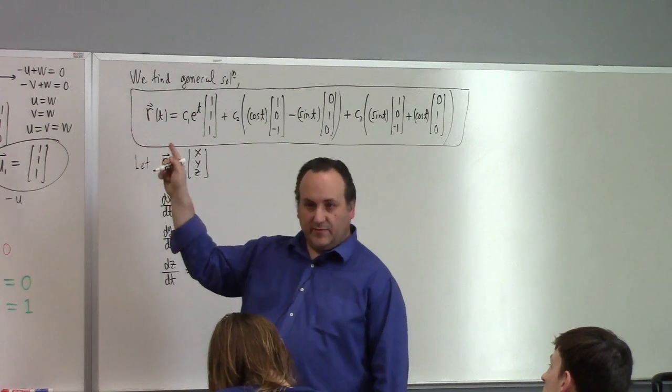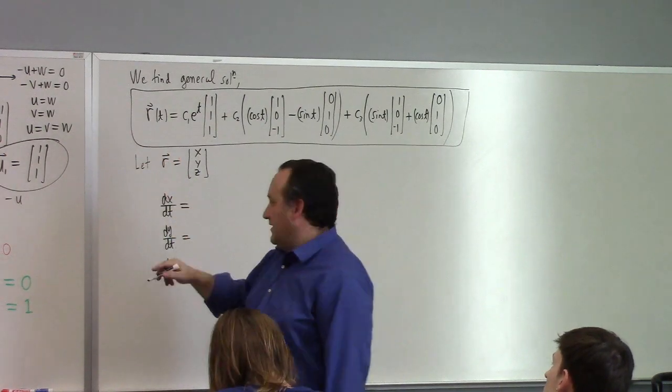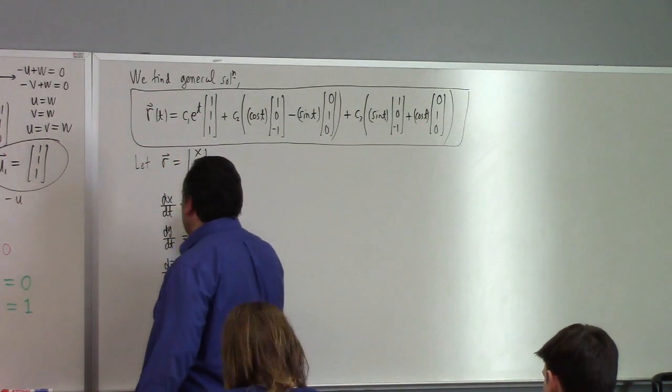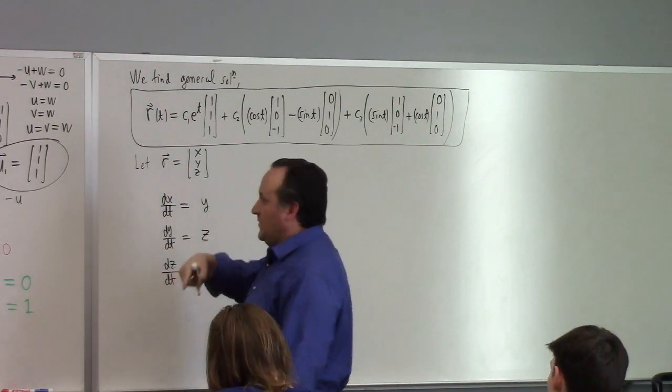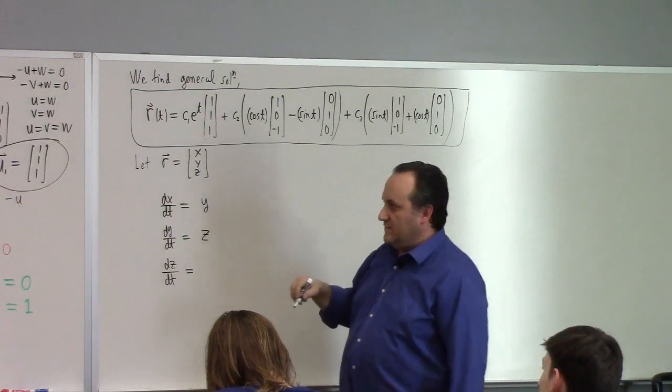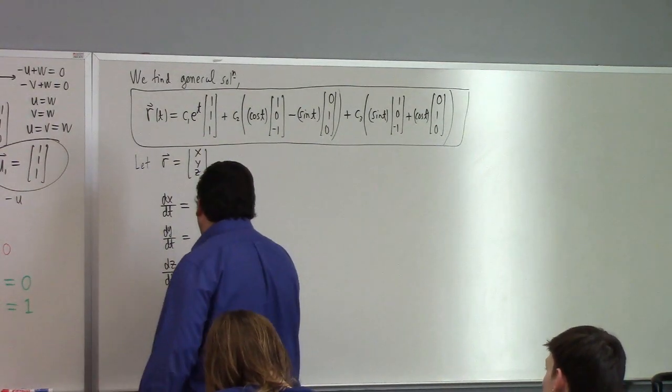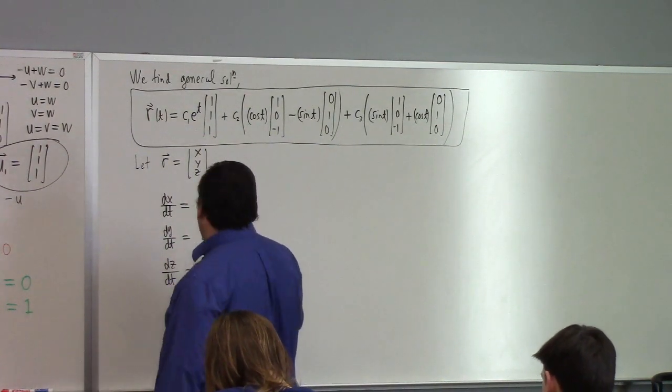0, 1, 0, the top row, right? So we have dx/dt equals y. We had dy/dt equals z. And we had dz/dt equals, this is the interesting one, x minus y plus z, right?